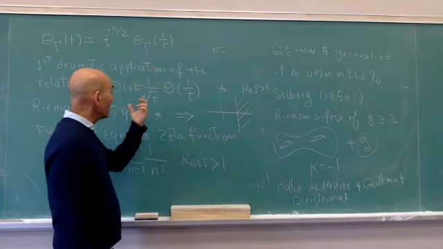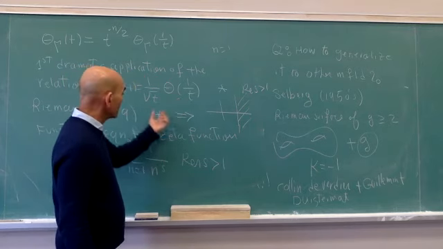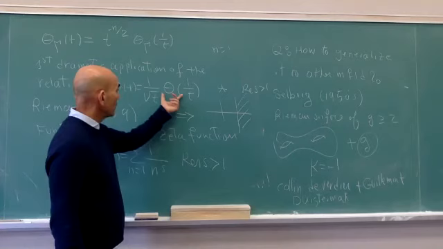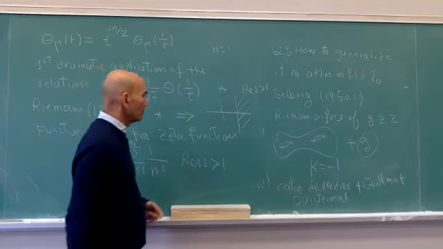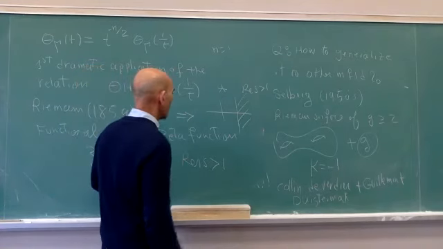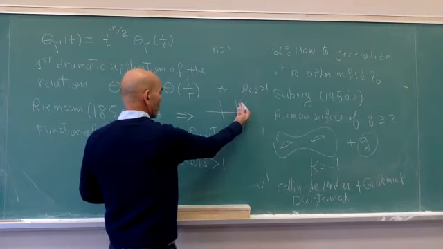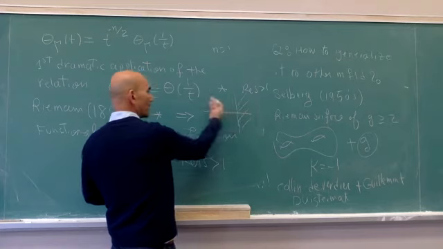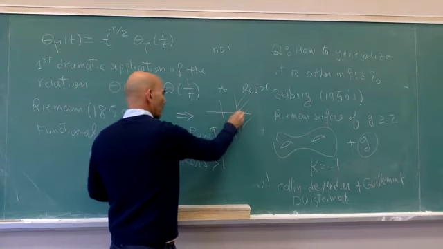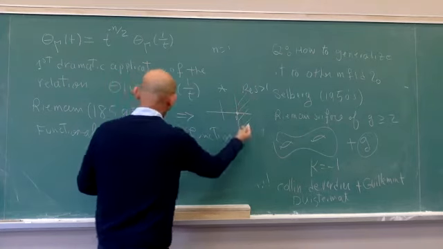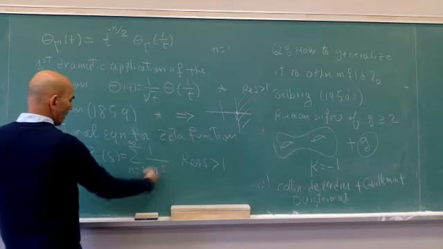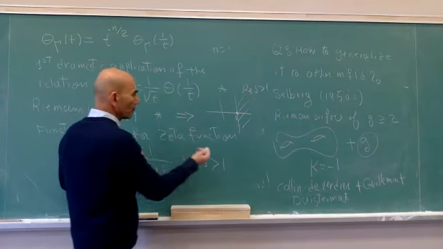Then Riemann, in his second proof of this functional equation, showed that first of all, this implies that the function has analytic continuation everywhere except at one. There's a pole at one, because as s goes to 1, this blows up. There's no cure for that.